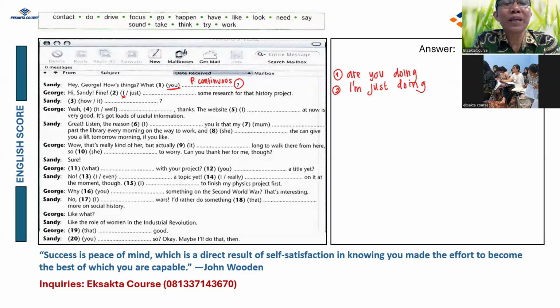Use to be am because the subject is I. I am doing. So here, I am just doing. Use just. Some research for that history project. So now number three.